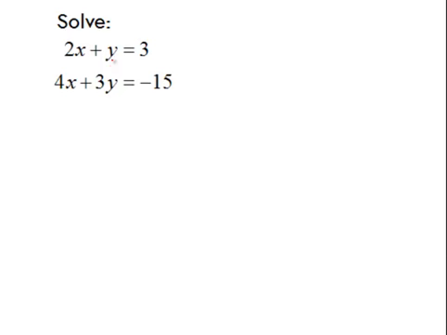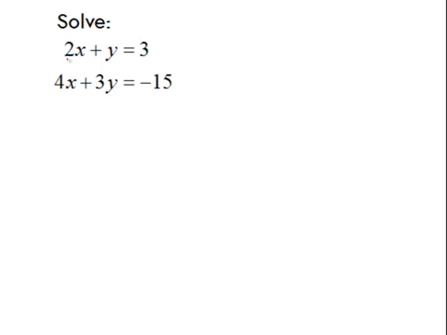And so I need to somehow create an opposite. And the tool that we can use to do that is to take one of the equations and multiply everything in that equation by a number. If we choose the right multiplier, then we can create opposites.